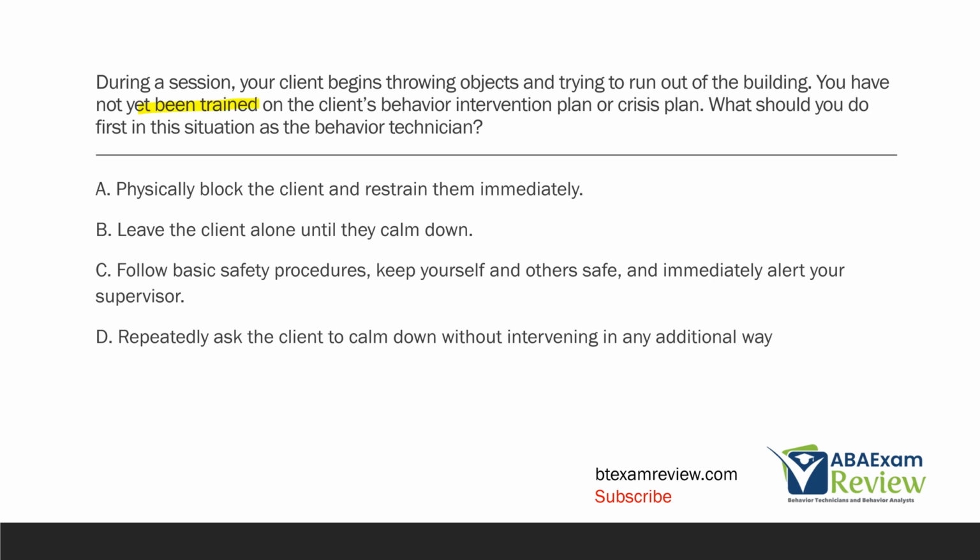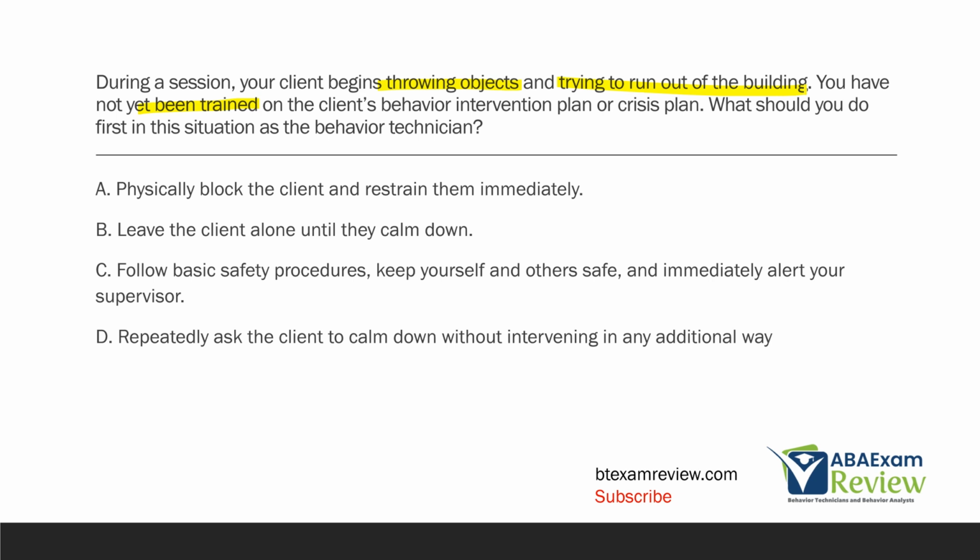If you ever are given a client and told to go provide service and you have not received training on the intervention plan, the treatment plan, the crisis plan, you should not give service for this reason exactly. You don't know what you're supposed to be doing in the situation, and yet here you have a scenario where someone could get hurt, where the client's throwing objects and trying to run out of the building. It puts you in a very bad situation. It gives liability to the supervisor. It's not good all around.